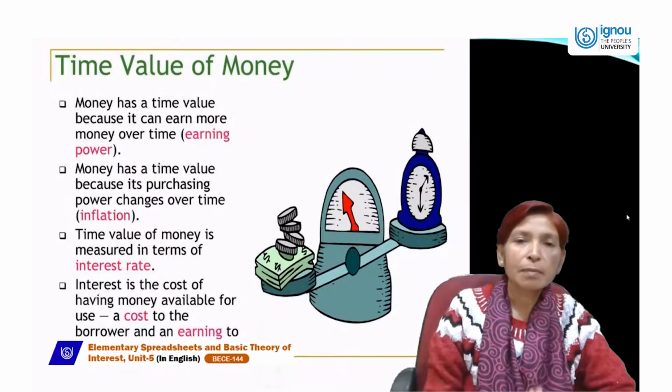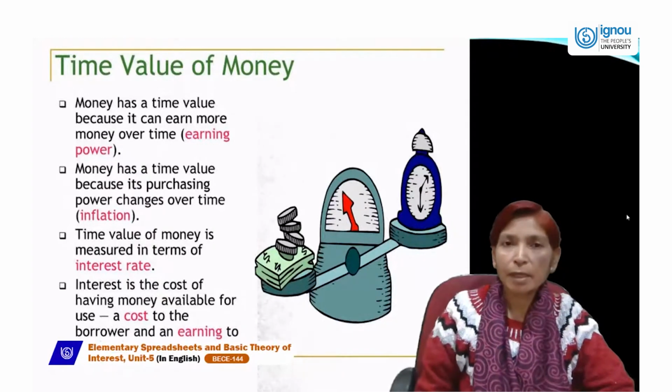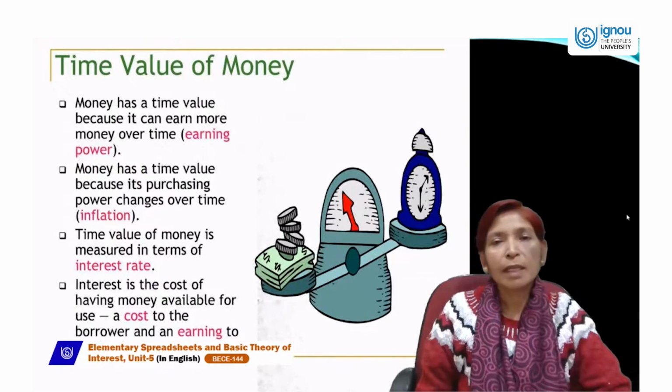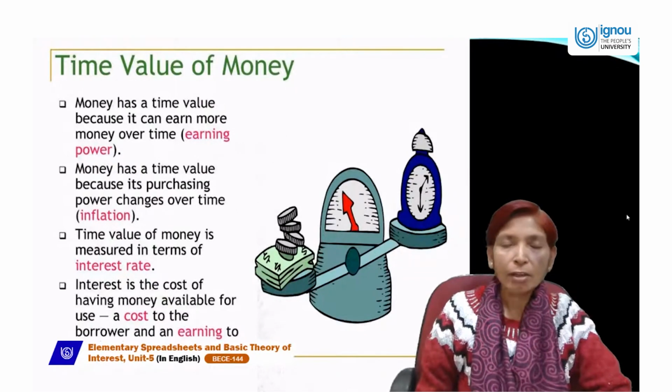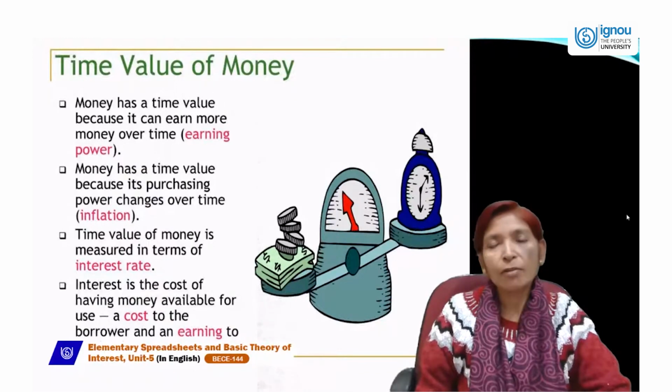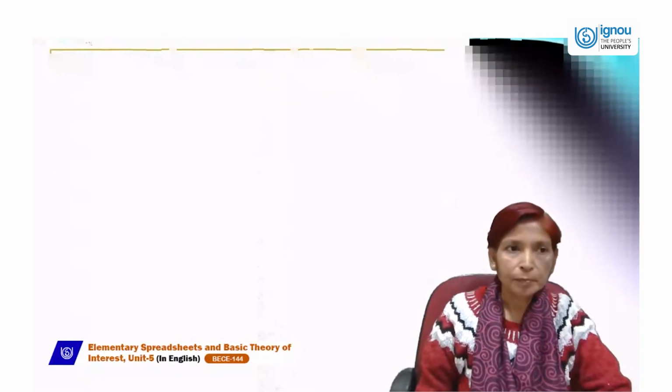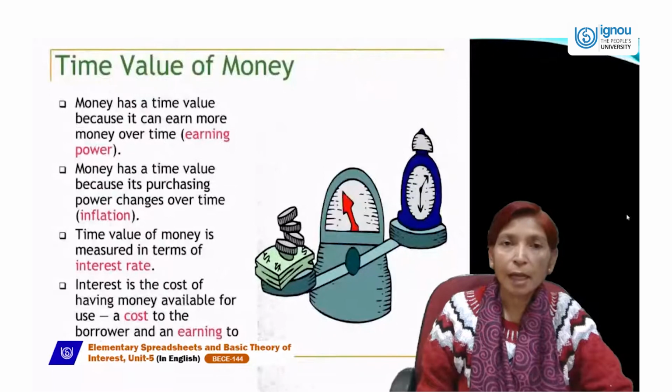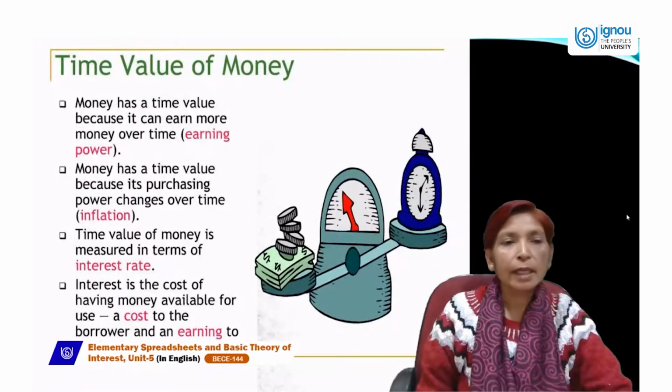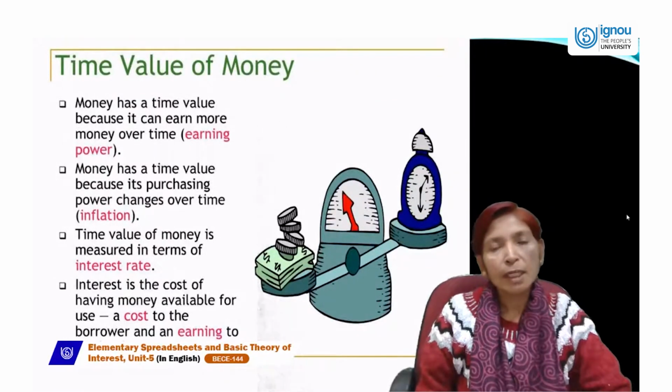How much money supply exists at present? If money supply is increasing, the value of money will fall. If money supply falls, the value of money increases. So money has a time value because it can earn more money over time.